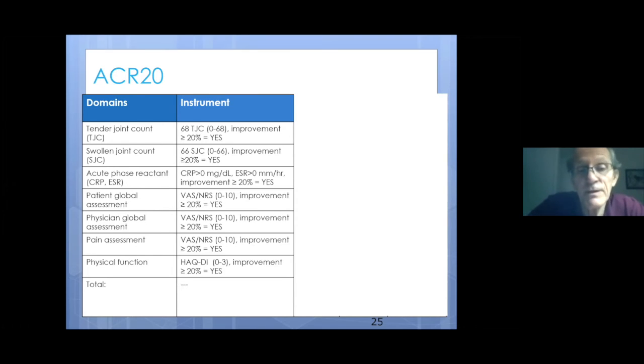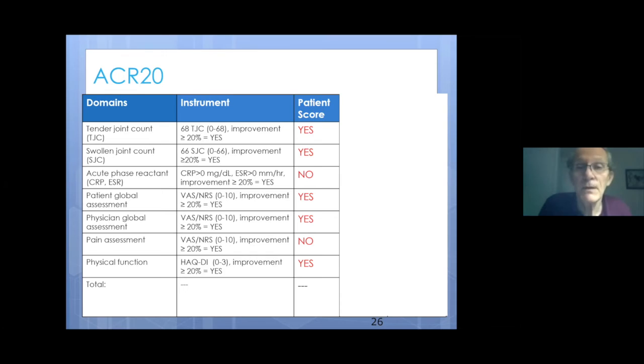And if an improvement is seen of greater than or equal 20%, it will receive a yes. And physical function is given by the HAQ-DI. Again, improvement of greater than or equal 20% will be yes. An example for a patient given in red is that this patient received yes on tender joint count and yes on swollen joint count.